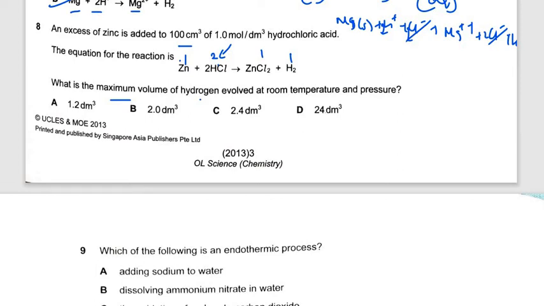Molar concentration is nothing but moles divided by volume. So moles is equal to concentration multiplied by volume. The concentration is 1 mole per decimeter cube multiplied by the volume. If you convert it, it will be 0.1 mole.